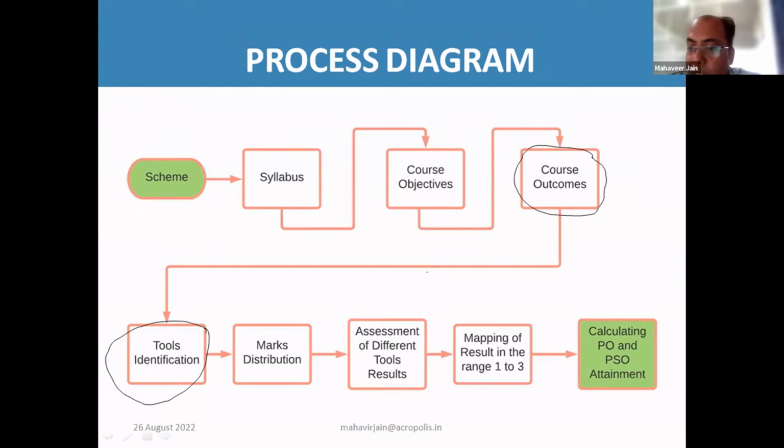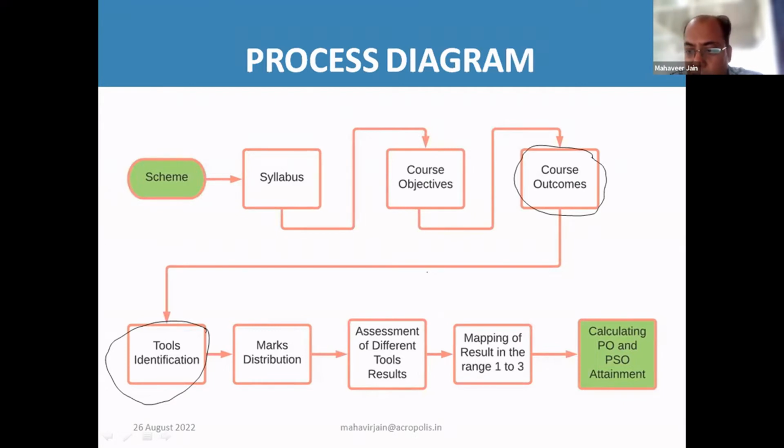It should be compulsory that there is one MST, mid-sem test. There should be two MSTs. There should be one quiz. Those tools need to be identified. Sometimes it is also given from the university side. If you are an affiliated institute, then you need to follow that guideline. And you can also add your own assessment methods or tools if you want to add something.